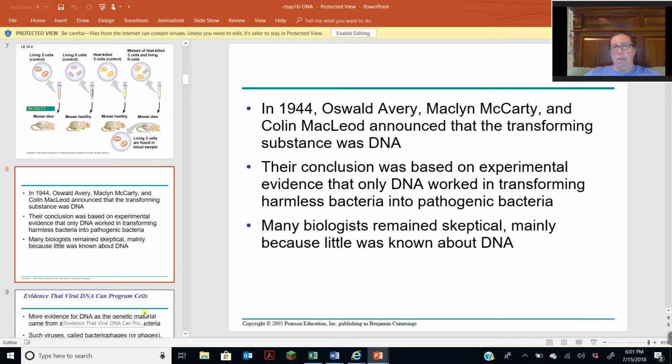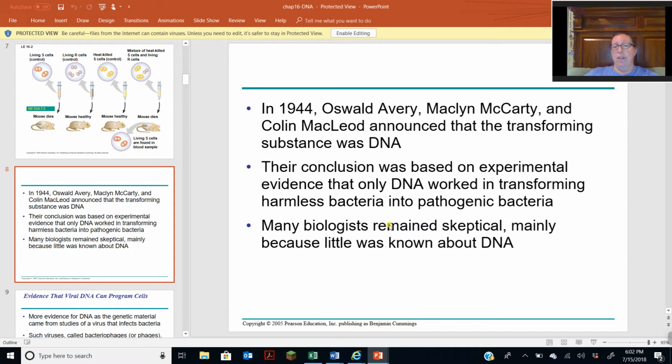Moving along, in 1944, you have the Avery, McLeod, and McCarty experiment. They're going to use Griffith's work, but this is when they would actually announce that the transforming material was DNA. Griffith did the work with the pneumoniae and the mice, but it would be Avery, McLeod, and McCarty who showed that the transforming material was DNA.